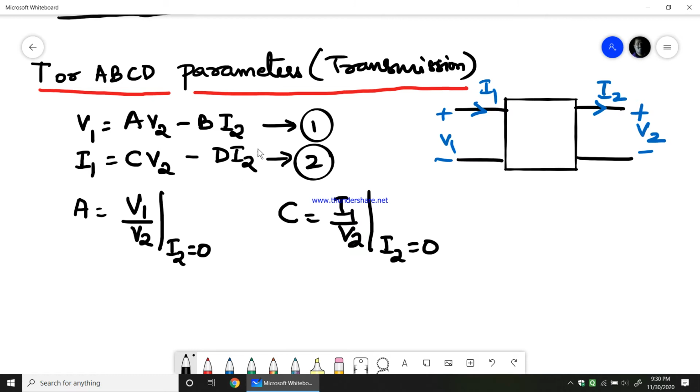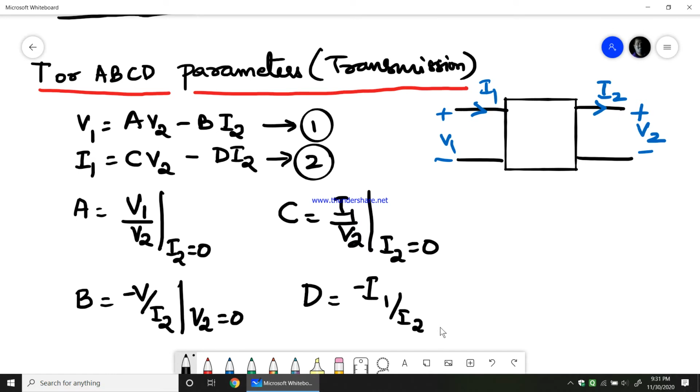Similarly, you get B equal to minus V1 by I2 when V2 equals 0. And then D is equal to minus I1 by I2 when V2 equals 0.